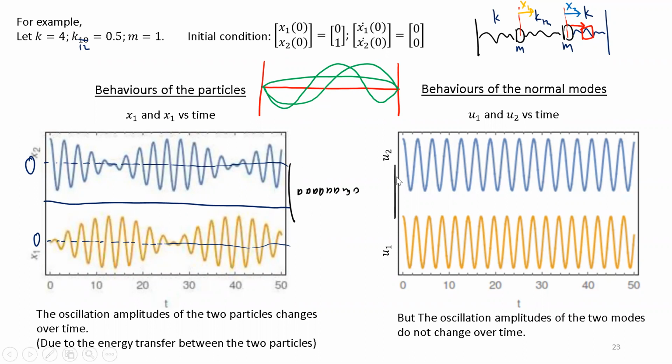Again you would have normal modes. If you have n particles, you will have n normal modes.